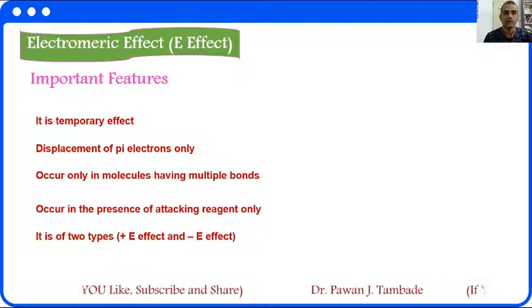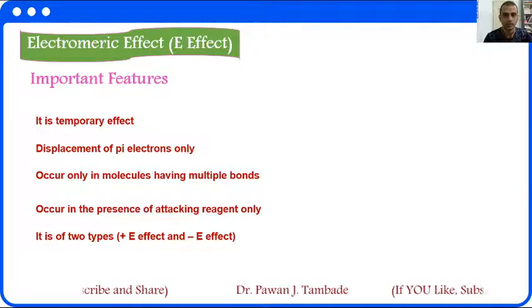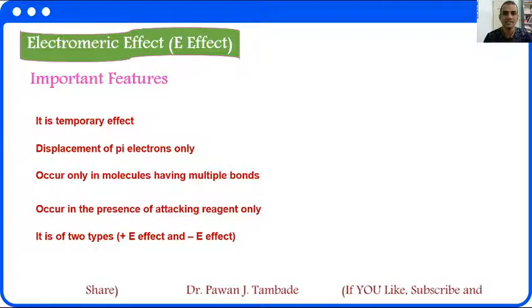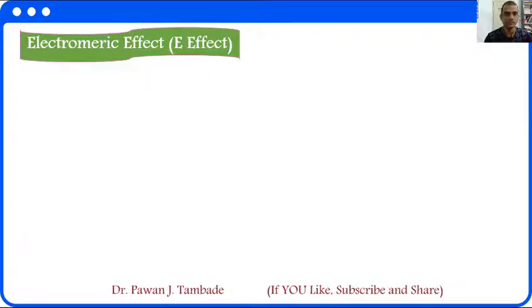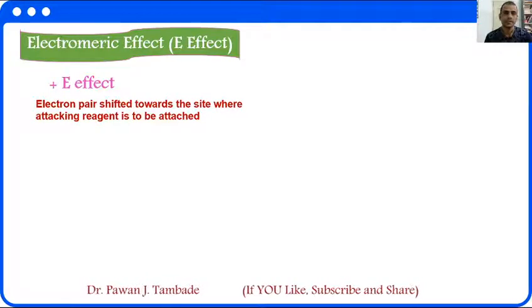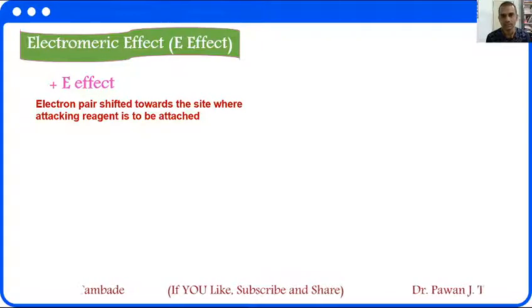And there are two different types of electromeric effect. One is the positive electromeric effect, another is the negative electromeric effect, more commonly abbreviated as plus E effect and minus E effect. We will see one by one what the plus E effect and the minus E effect are. In the case of the plus E effect, the electron pair shifts towards the site where the attacking reagent is to be attached.